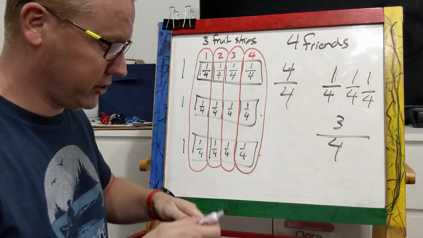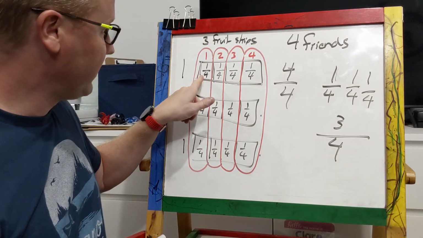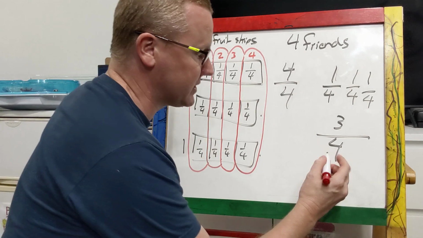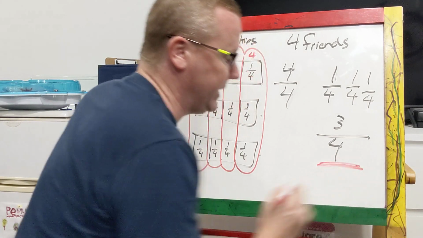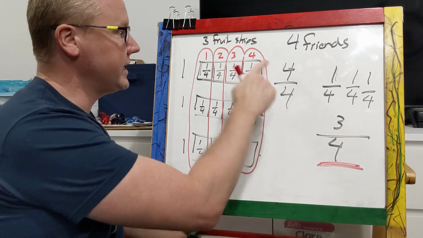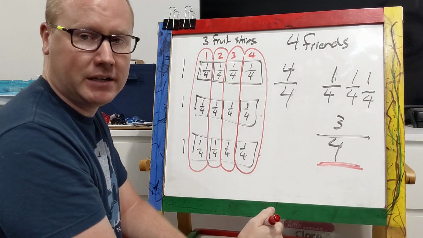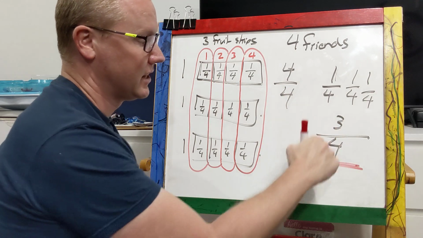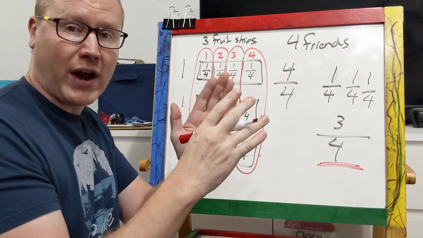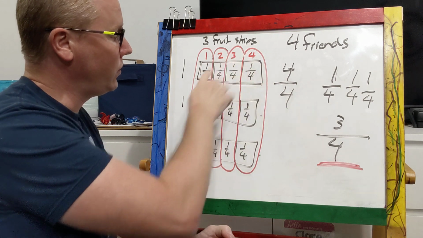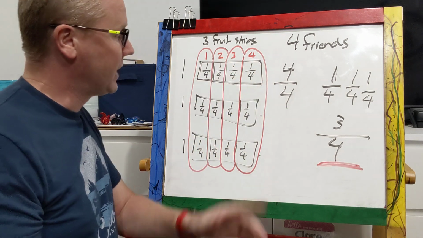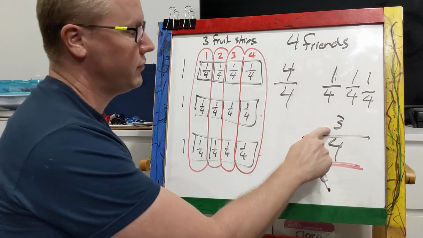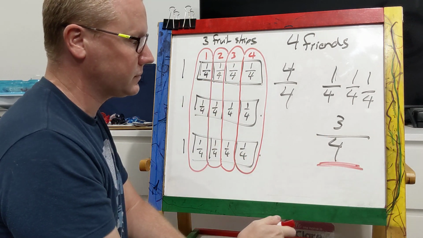Let's make sure that's actually what we said. We broke one fruit strip up into 4 pieces, so we know it's out of 4. And we know they didn't get a whole fruit strip, because in the beginning we said there wasn't enough fruit strips for each, so it's going to be less than 4/4. When we look here, the way to divide them up evenly, each friend got 3.